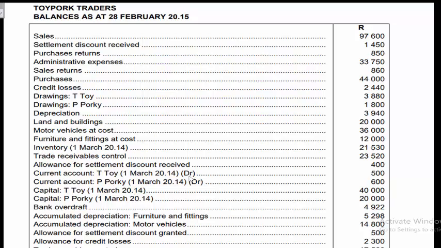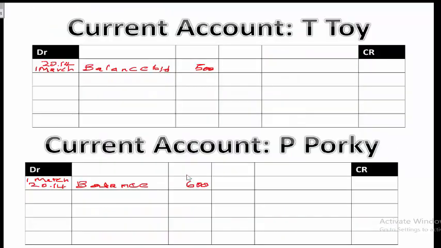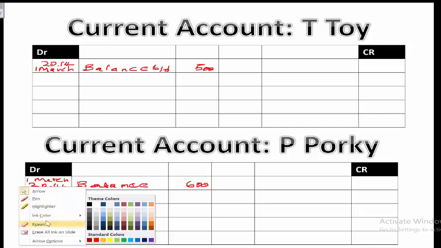Now clearly these drawings do not include the 6,000 and the 4,000 which we just read in the additional information. Therefore we are going to quickly add these amounts to the balances. So the balance is 3,880. So let's go and make the necessary adjustments.